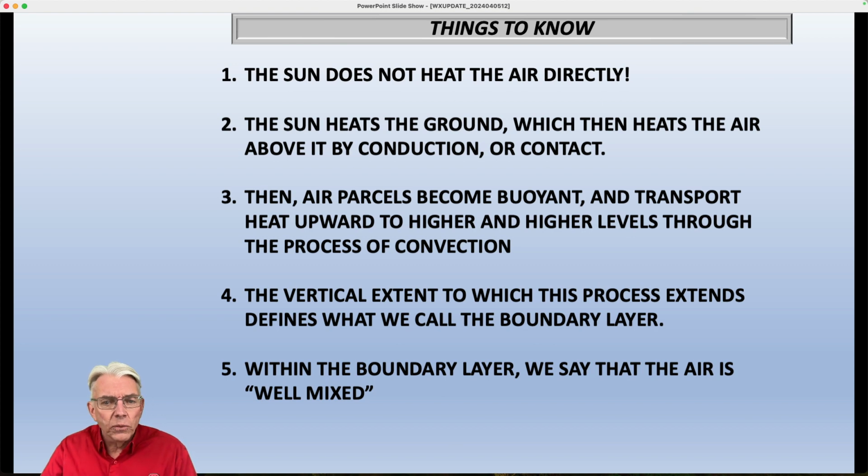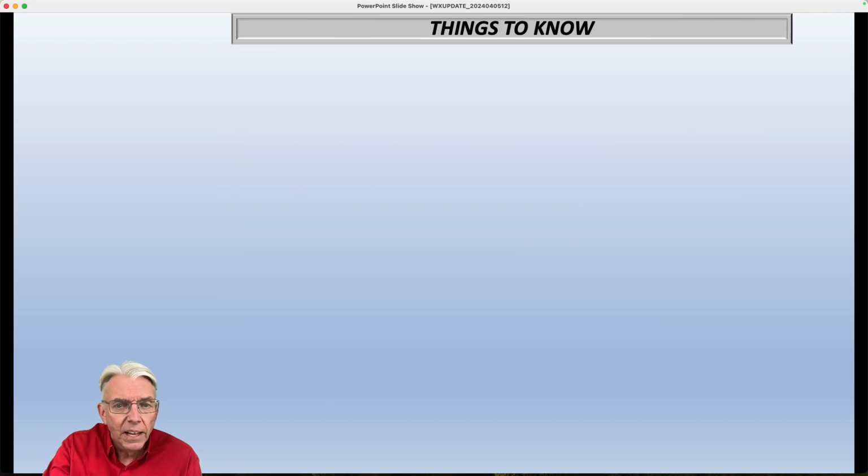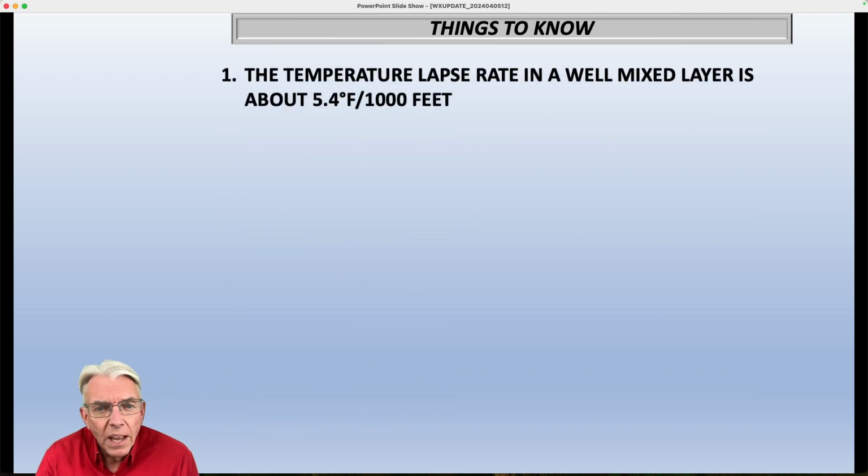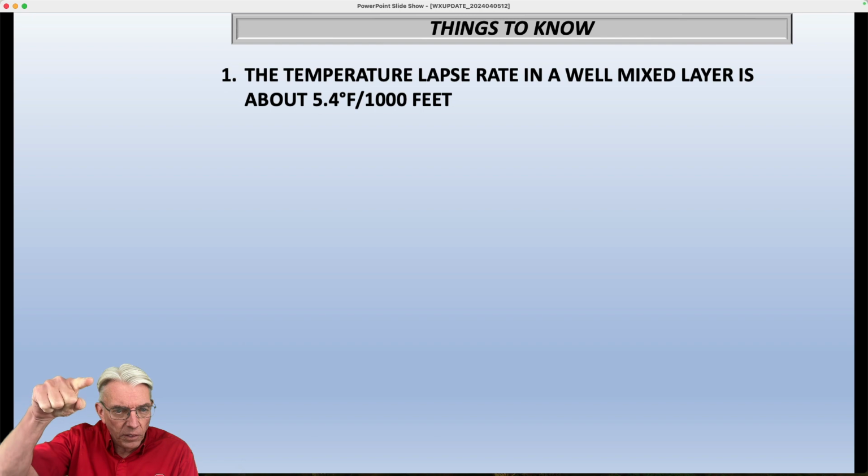And within the boundary layer, we say that the air is well mixed, okay? That's simply a term in meteorology. So, some more things to know. The temperature lapse rate in a well-mixed layer is about, not exactly, but about 5.4 degrees per 1,000 feet. So the temperature of the air would decrease about 5.4 degrees for every 1,000 feet that you go up.